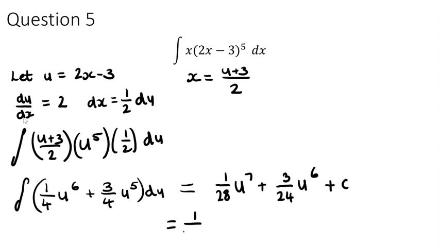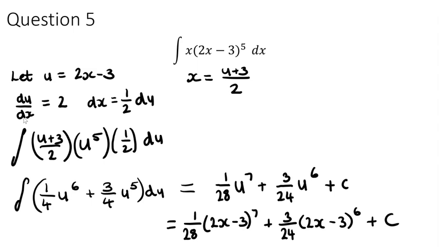Finally, we just need to pop our substitution back in, so we have it in terms of x. And of course, we're not even daring to forget the plus c here. And we have our final result. You could simplify this a little bit further if you wanted to, but I'm just going to leave it like that for now.